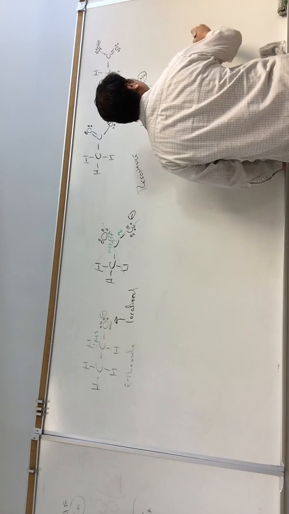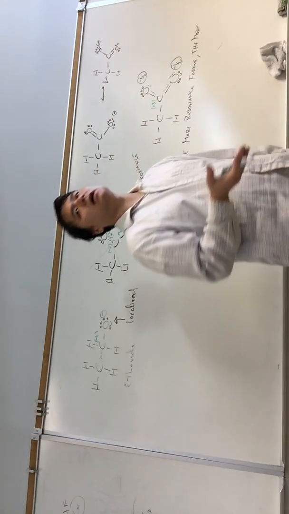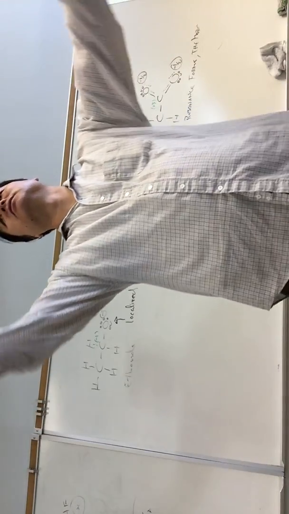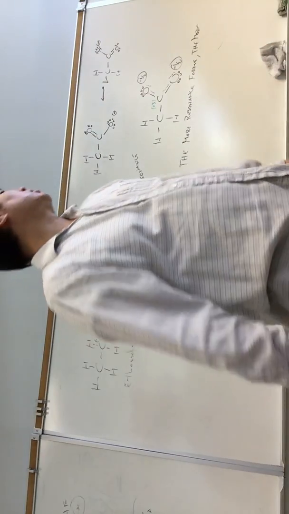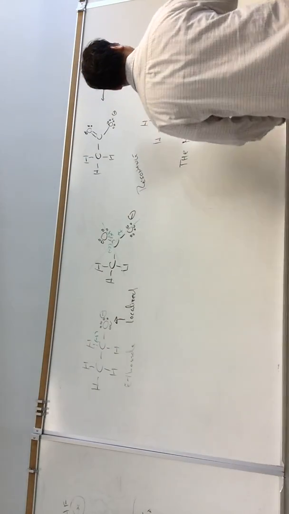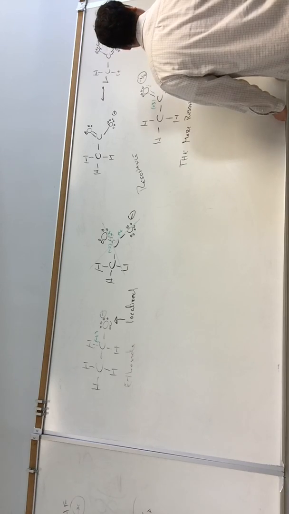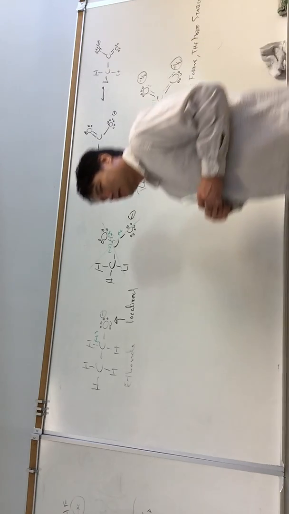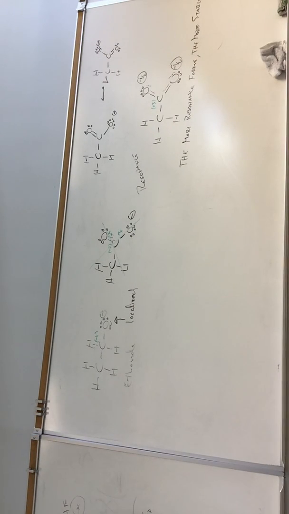Because the more resonance forms you draw, the more the charge is delocalized over the structure. The more stable it is, the less reactive of a base it is, the weaker the base, basically.